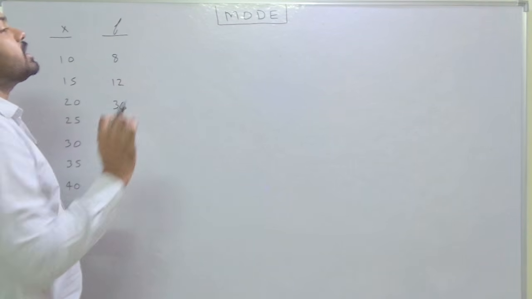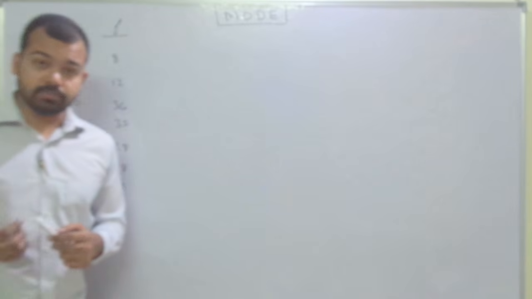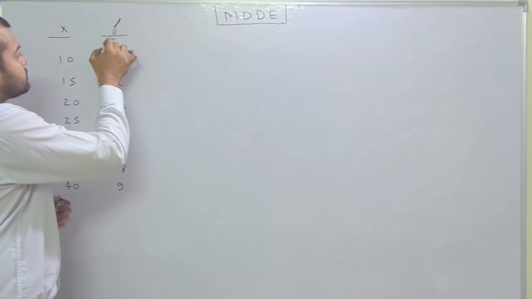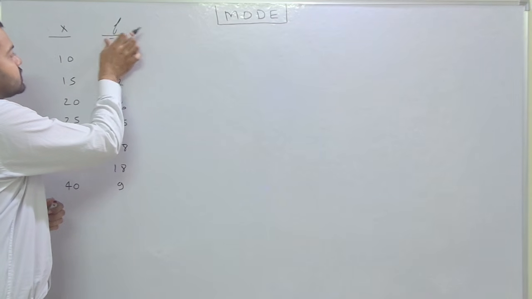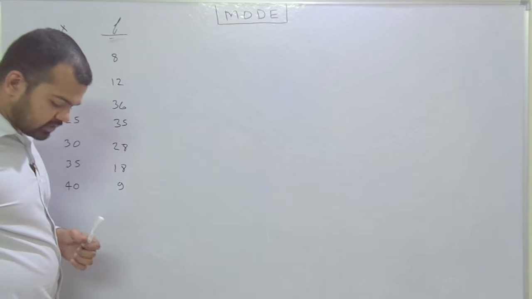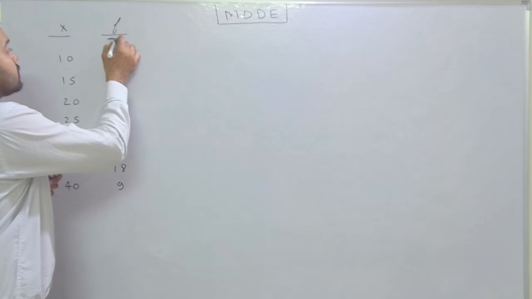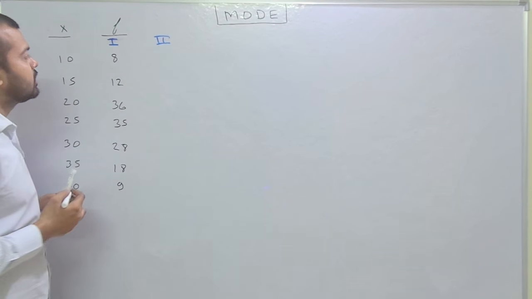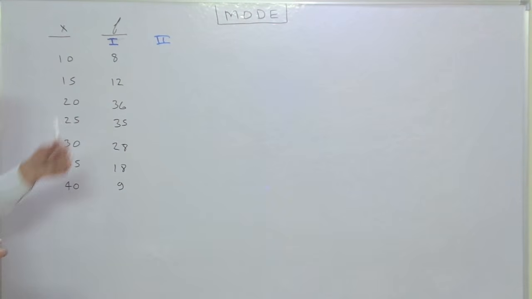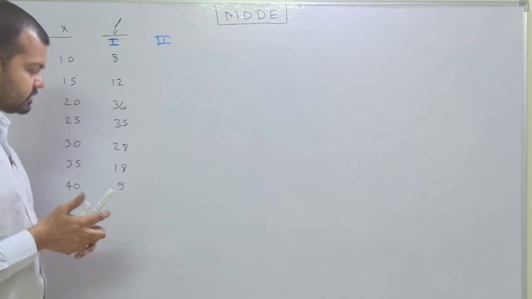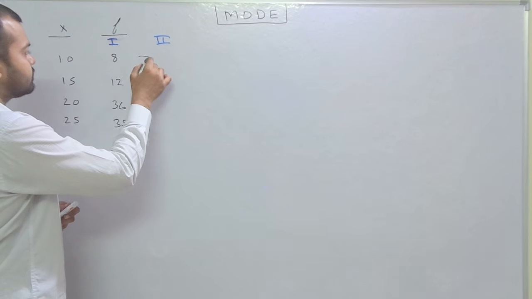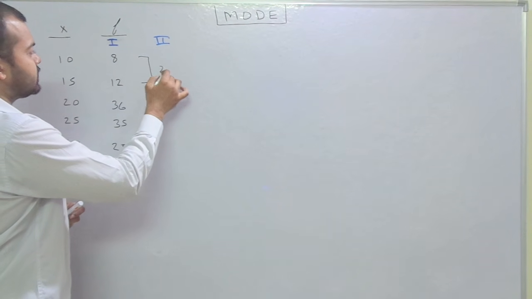In the grouping table there are six columns. This is the first column. Now in the second column you have to add these two numbers pairwise. So 8 plus 12 is 20.